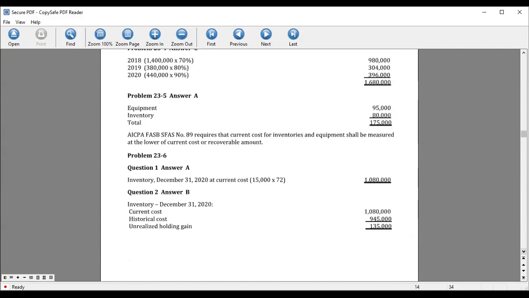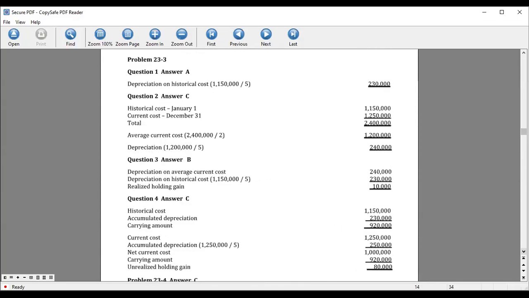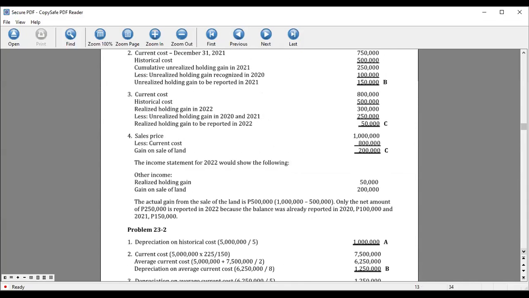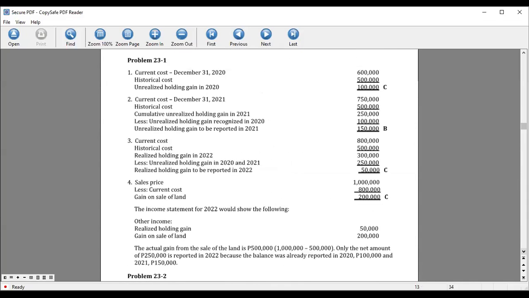So for 23, that's 1. We have the question here, 23 dash 1.